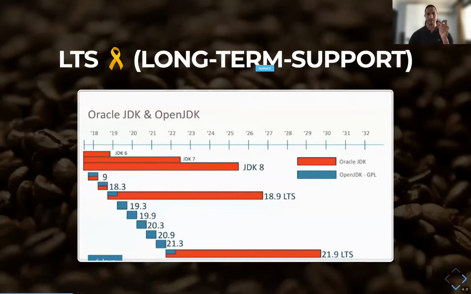Long-term support, this is a small map, but we have made a very big change in the release with JDK 17. You know that we have OpenJDK and Oracle JDK, and we have a bunch of other JDK implementations by many companies nowadays. Each release that is not LTS is called a feature release. An LTS has a 3-year overlap with the previous release, so you have the opportunity to move from LTS to LTS while there is support.